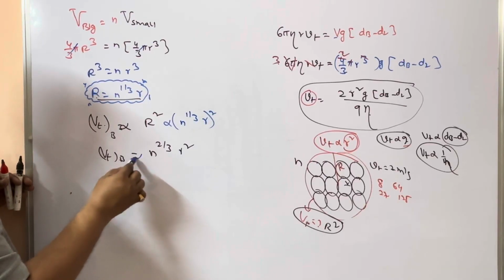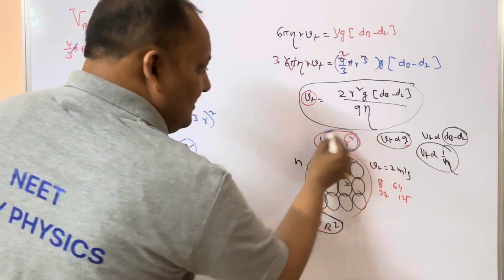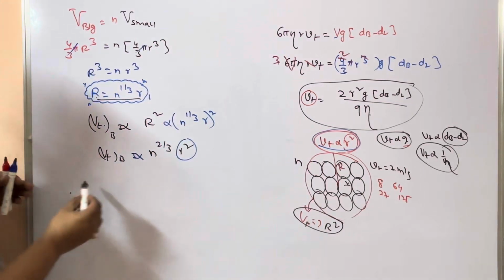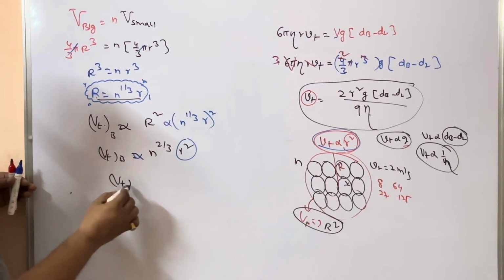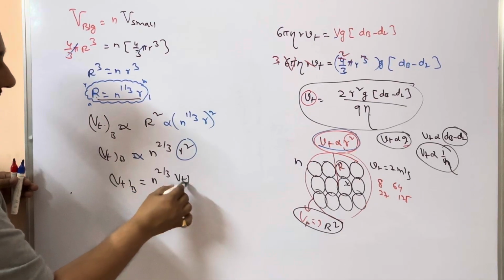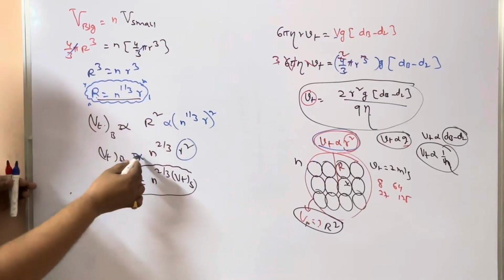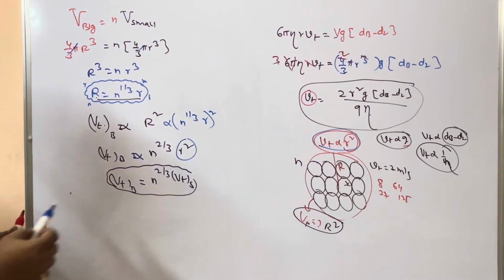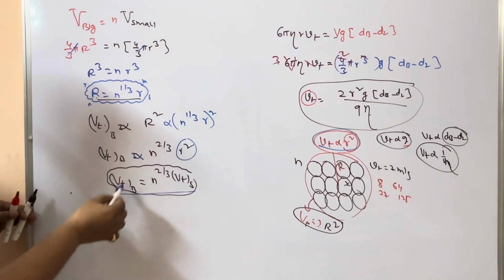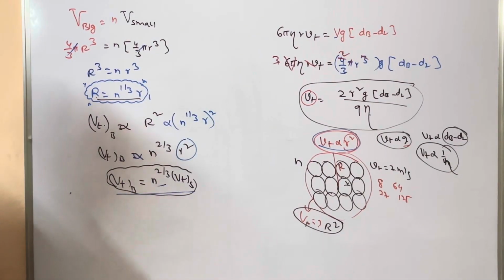In place of this r square, we can write terminal velocity of the smaller drop. Therefore, terminal velocity of the bigger drop is equal to n power 2 by 3 times terminal velocity of the smaller drop. So, constants will be cancelled, directly proportional. Therefore, this is the relation between terminal velocity of the bigger and smaller drop. You should get n power 2 by 3.